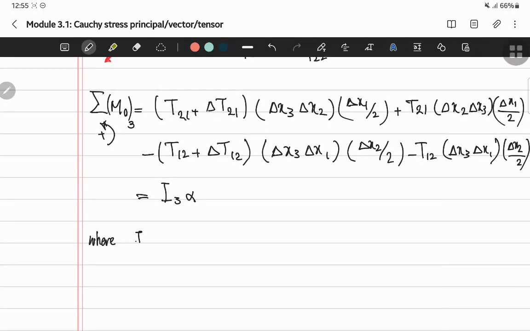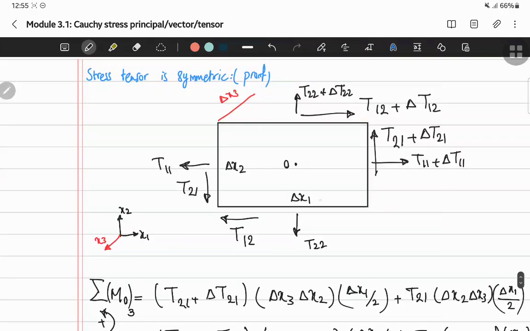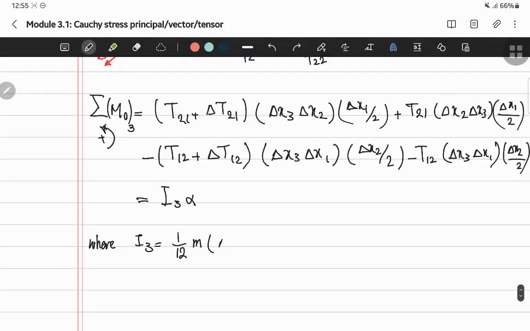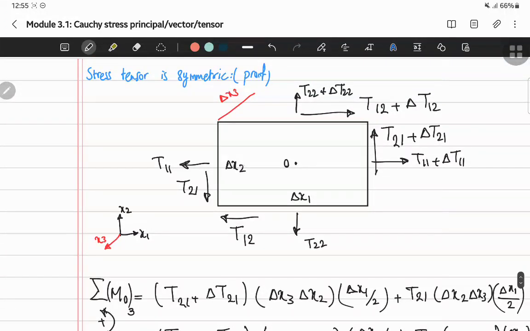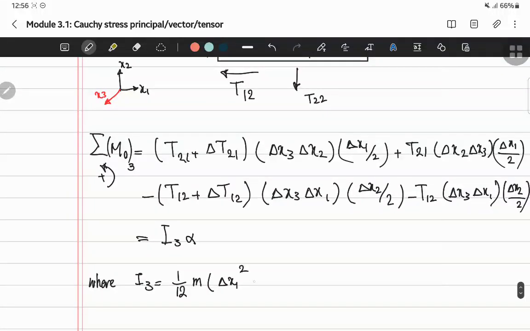If you look at the end of some of the books in mechanics of materials or dynamics, you will find this I3, which is equal to 1/12 of mass times del x1 squared plus del x2 squared, not the area.